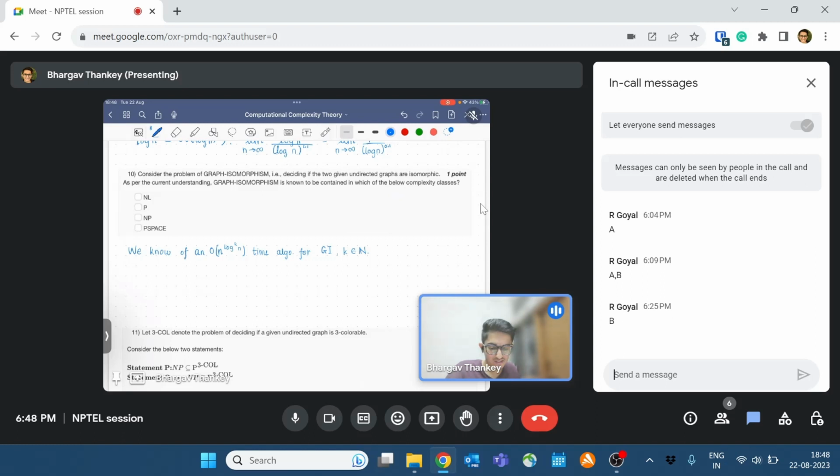Now, what you are saying is this implies that graph isomorphism is in P. Why? That would be true if this quantity is polynomial in n, right? So is it less than or equal to n to some constant?